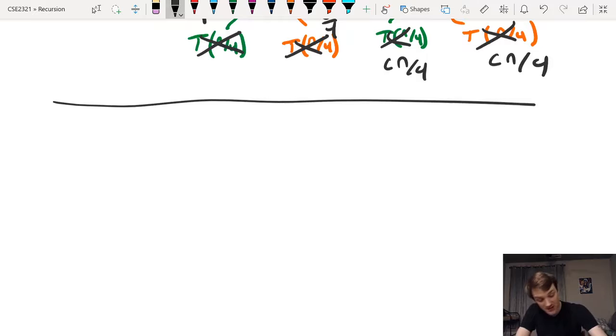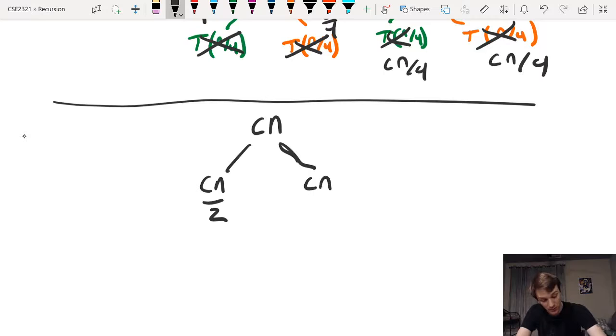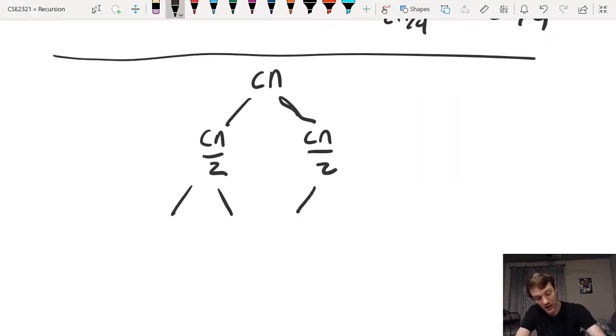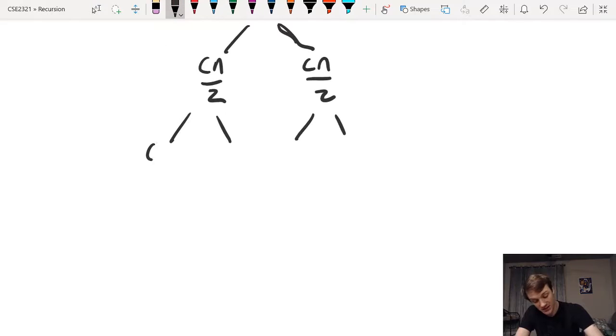In order to compute this, I need to compute the first thing, t of n, which requires cn. I then need to compute two copies of t of n over 2, both of which cost cn over 2. From there, I need to compute two more copies, which are cn over 4 for each of them.